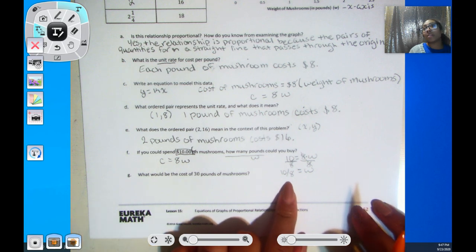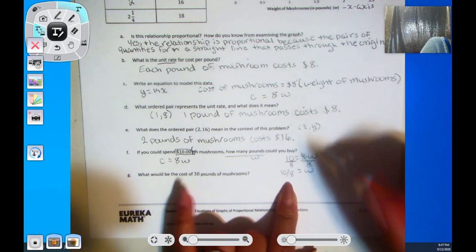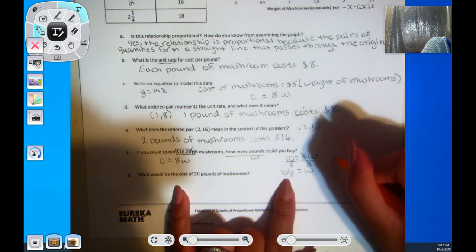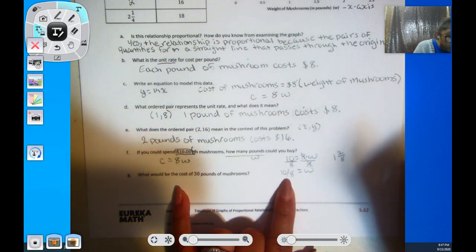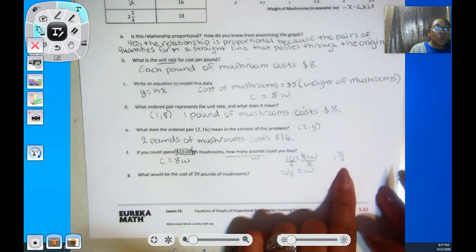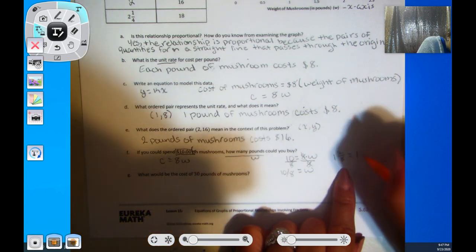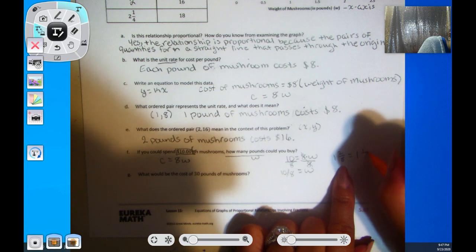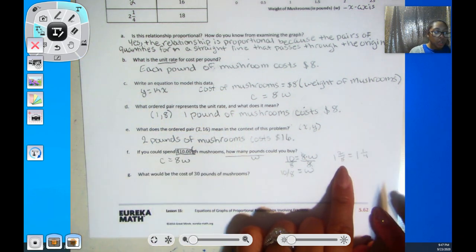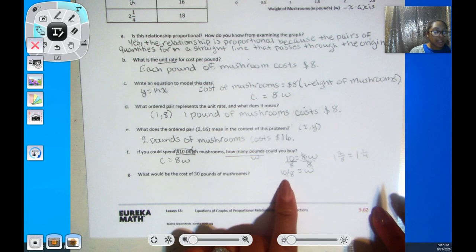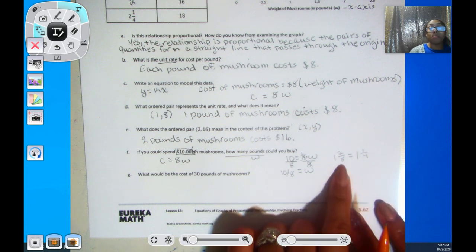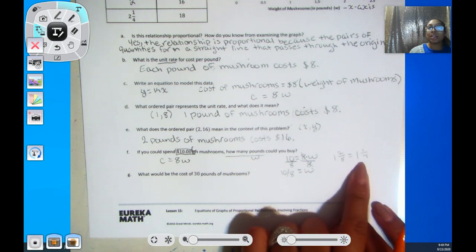Well, that can be simplified. So 8 goes into 10 one time, and that leaves us with 2/8 left over. Well, even 2/8 can be simplified. 2/8 represents 1/4. So all we've done is rewritten 10/8 as an equivalent mixed number of 1 and 2/8, and then we rewrote it again as an equivalent mixed number of 1 and 1/4.